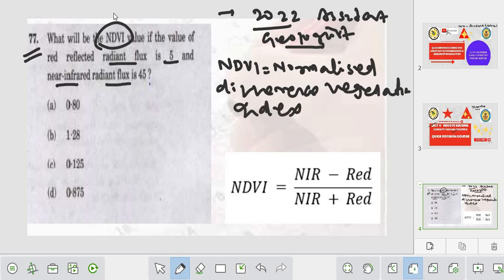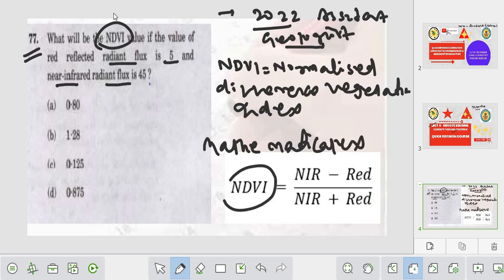First I calculate the problem, then we'll understand the exact meaning of the NDVI value. The formula, or mathematical expression, for calculating NDVI value is NIR minus red upon NIR plus red.